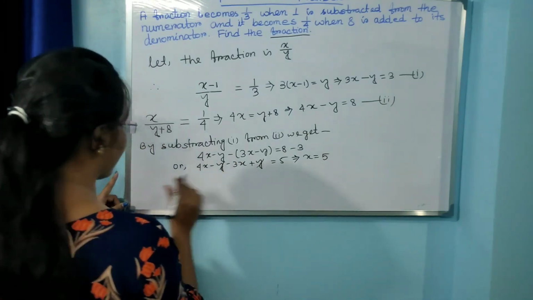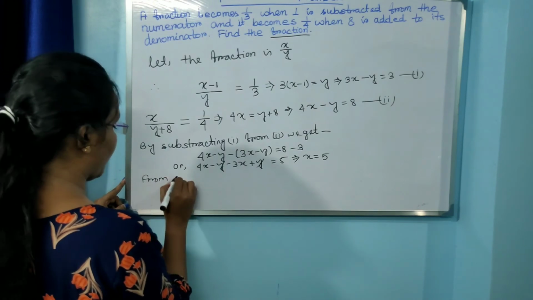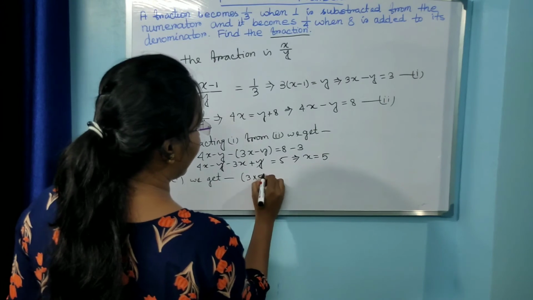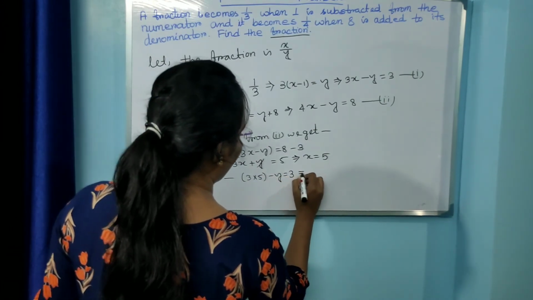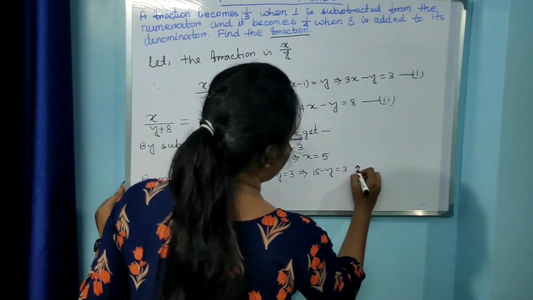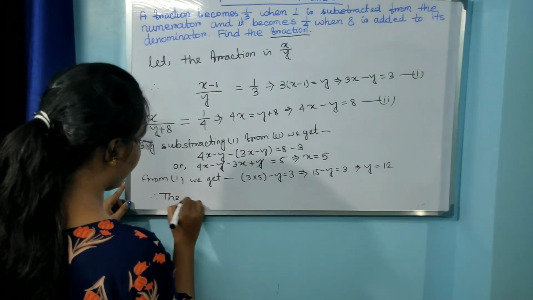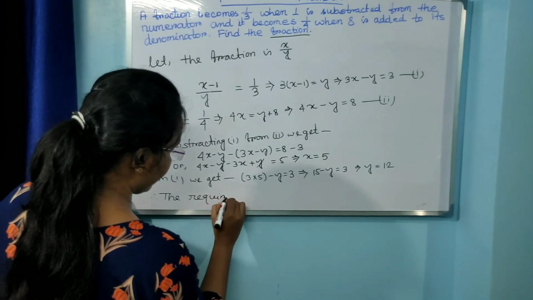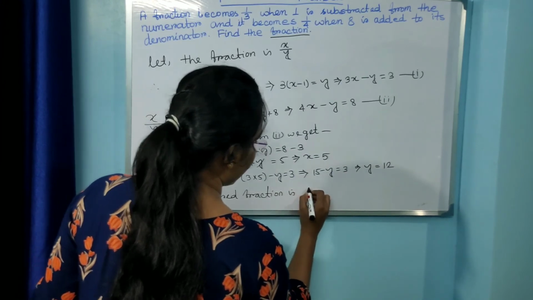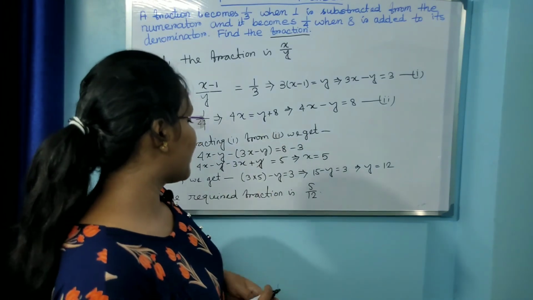Now for y, substitute this value in any of the equations. So from 1 we get 3 into 5 minus y equals 3, which gives us 15 minus y equals 3, which is y equals 12. So the required fraction is 5 upon 12. So you can solve this type of problem in this way.